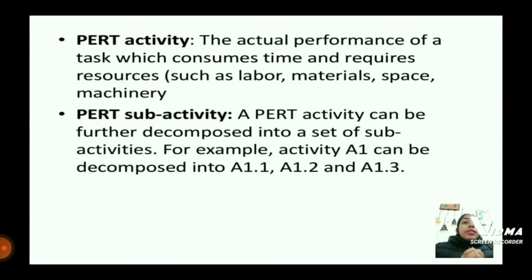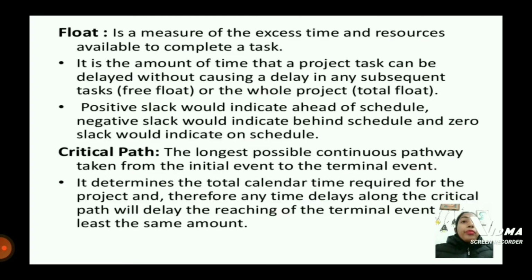Now, what is the PERT activity? The actual performance of a task which consumes time and requires resources such as labor, material, space, machinery, etc. PERT subactivity: a PERT activity can be further decomposed into a set of subactivities. Example, activity 1 can be decomposed into activity 1.1, A1.2 and A1.3.